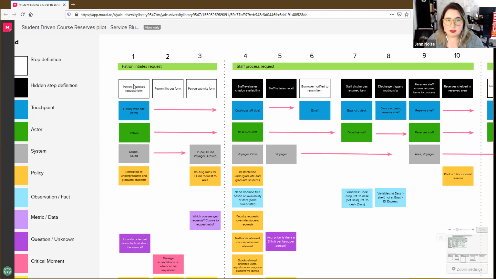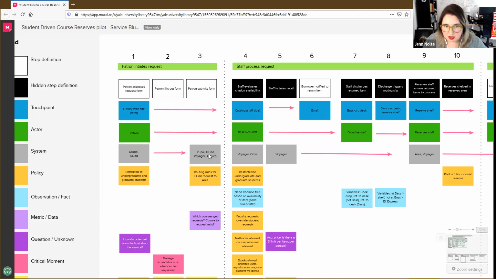The systems that we've got going on in these 3 steps are Drupal, which is our content management system for our website, and Iliad, which is the interlibrary loan and scan and deliver, and it manages some other stuff. I'm not an access services librarian, so pardon me if I get some of this wrong.